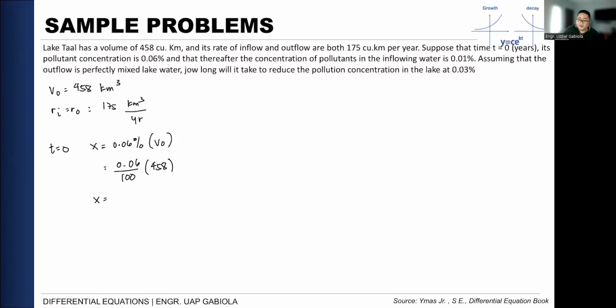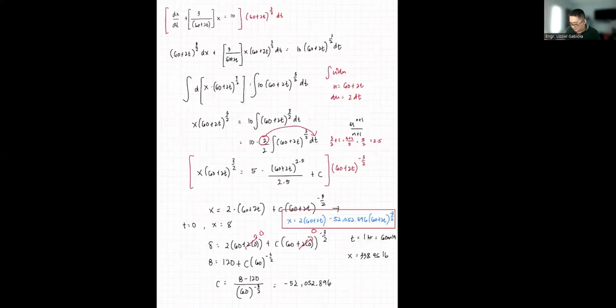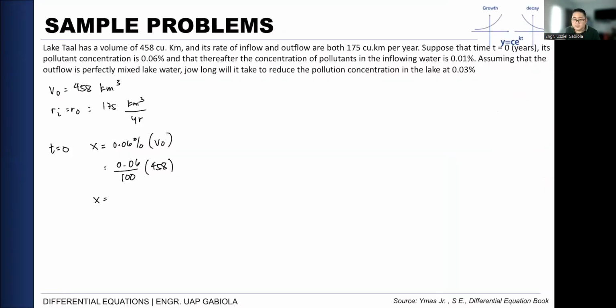Which equals to 0.0006 times 458. That is equals to, ilan? 0.06% times natin ng 458.